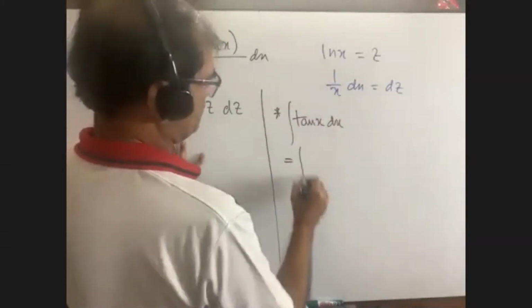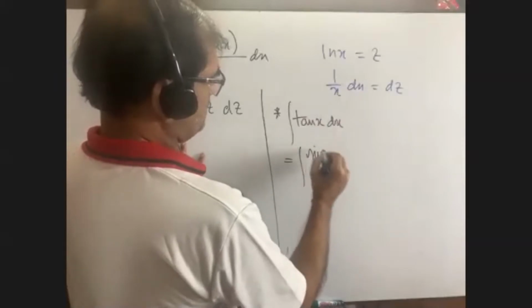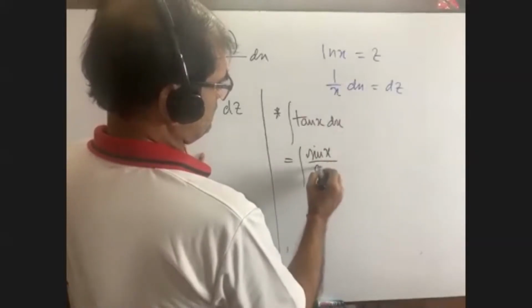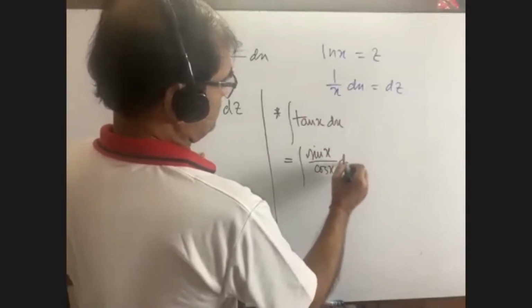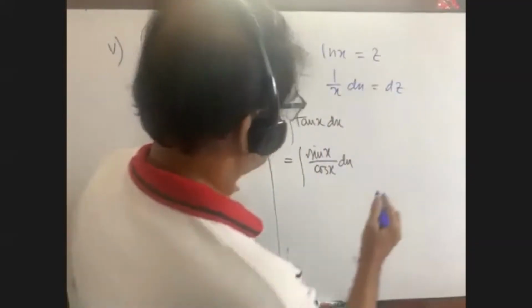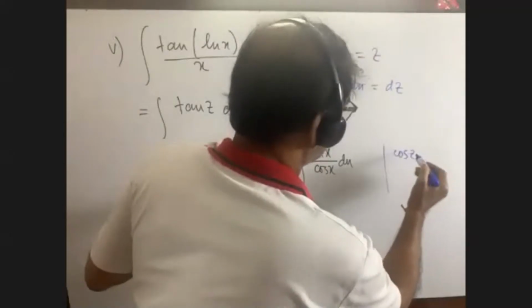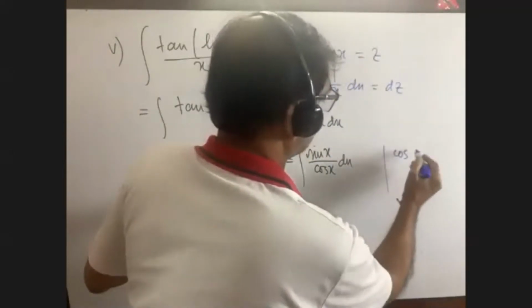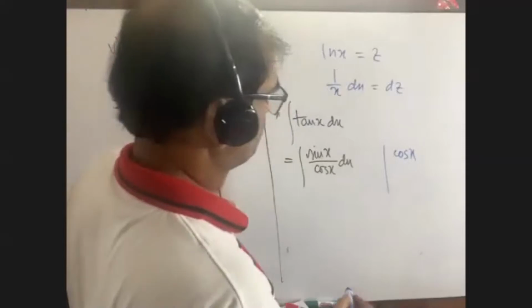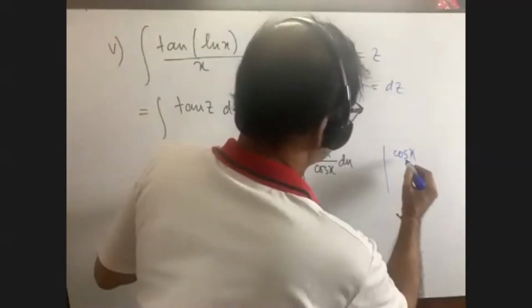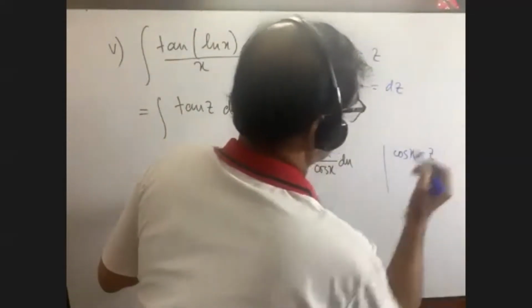Can you write down this is sin x by cos x dx? If cos x is let as z, then what are we getting here?